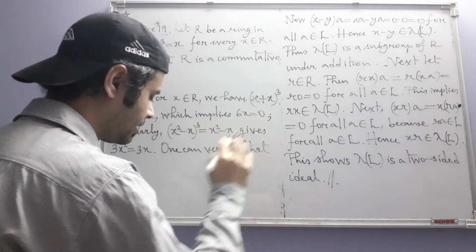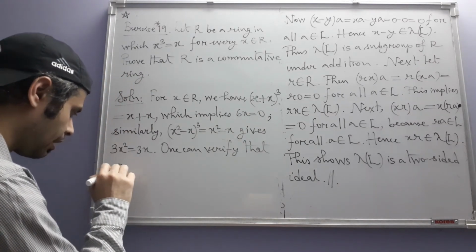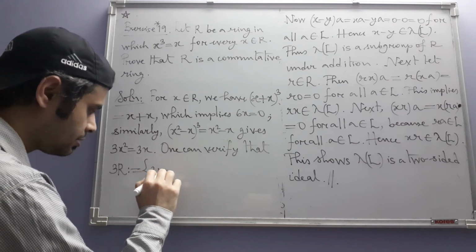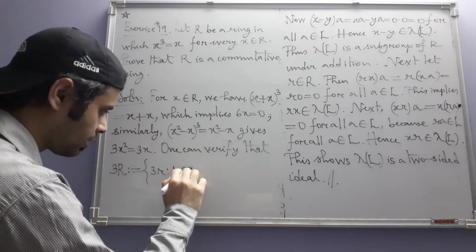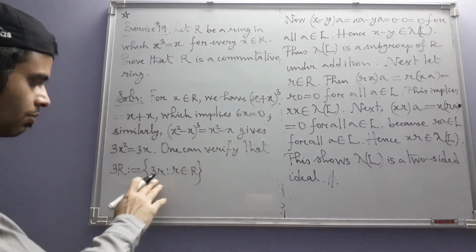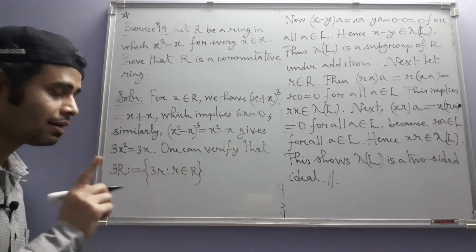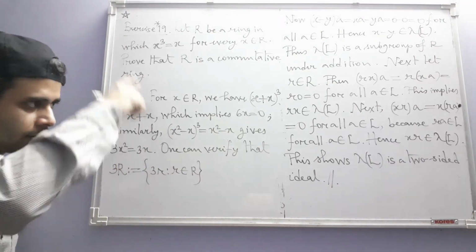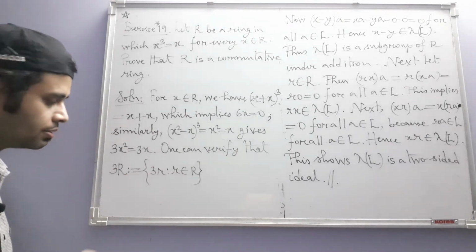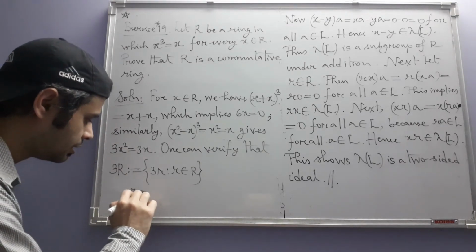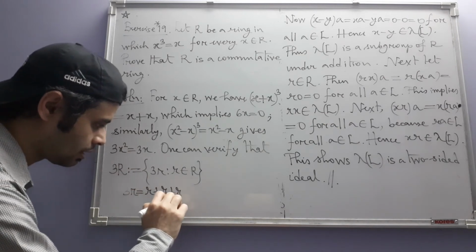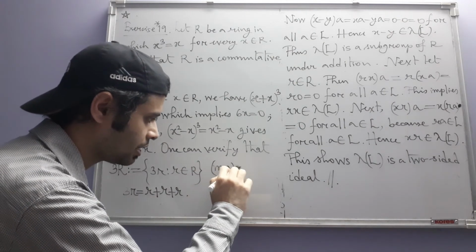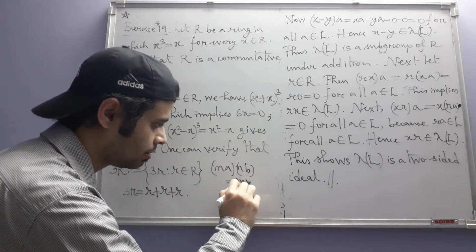one can verify that this subset 3R, and what is the meaning of 3R? It is 3r where r varies over the ring. See, we have already said in one exercise, in the first set of exercises, what 3r means. 3r in the ring is r plus r plus r. You remember that exercise which asks you to show (ma)(nb) is equal to (mn)(ab).